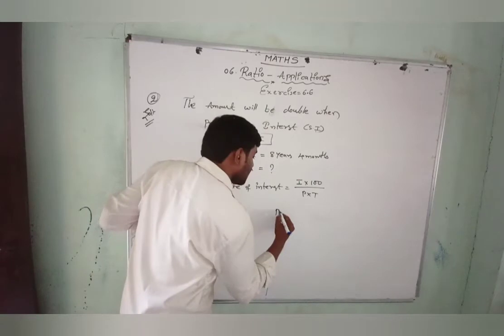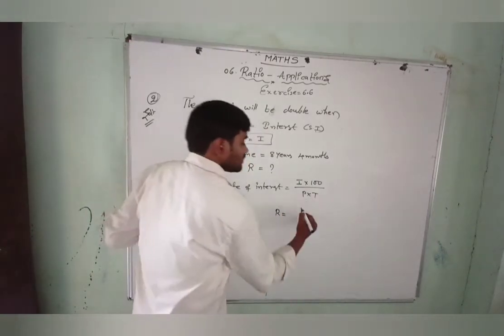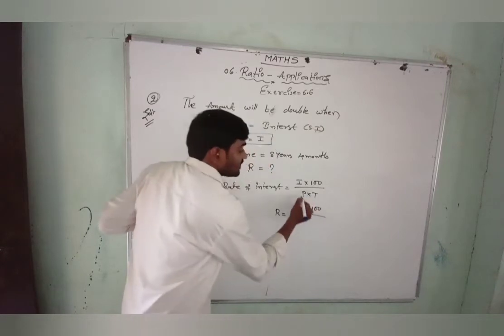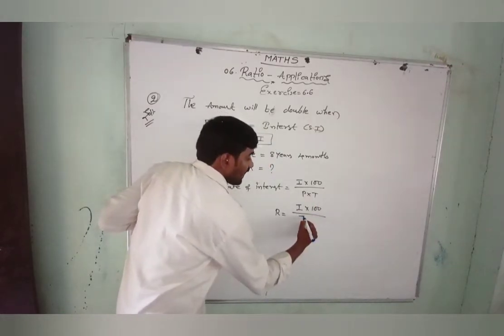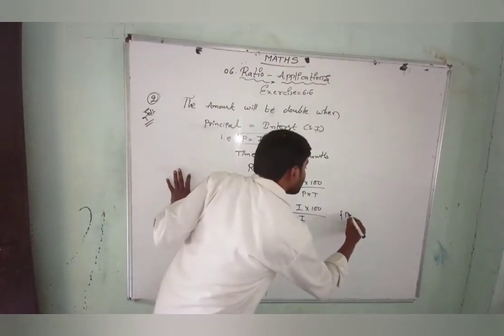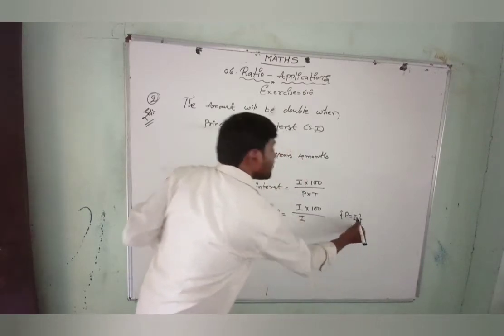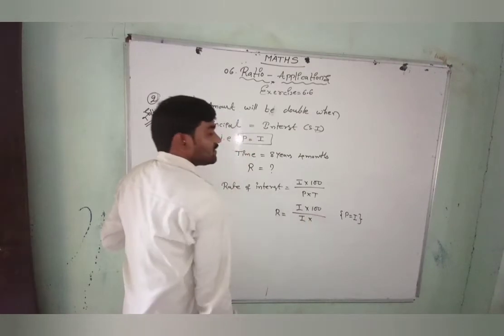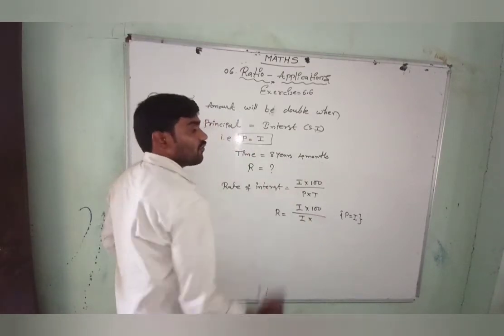So rate of interest R equal to simple interest I into 100 by, here instead of P I will write I. Why instead of P I will write I? Because P is equal to I. Instead of P I will write I into the time, which is 8 years 4 months.